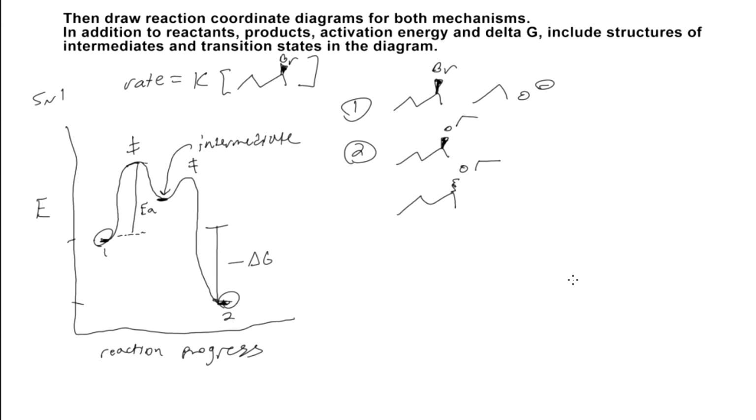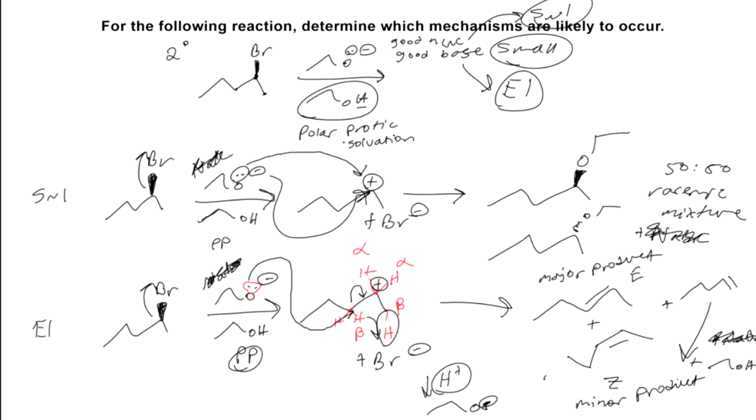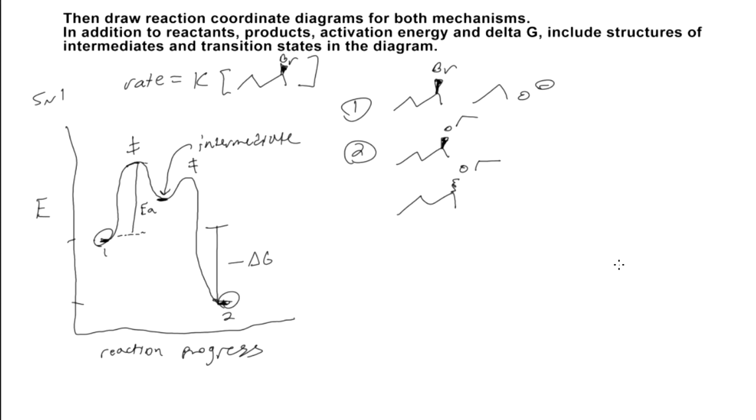And those are going to be our two products, along with our NaBr or something to that effect if this reaction actually had a counter ion, but we're not shown that. So I'm not going to show it, but you could potentially have that as well if it is in solution, which it should be. So now we're going to take a look at our transition states.